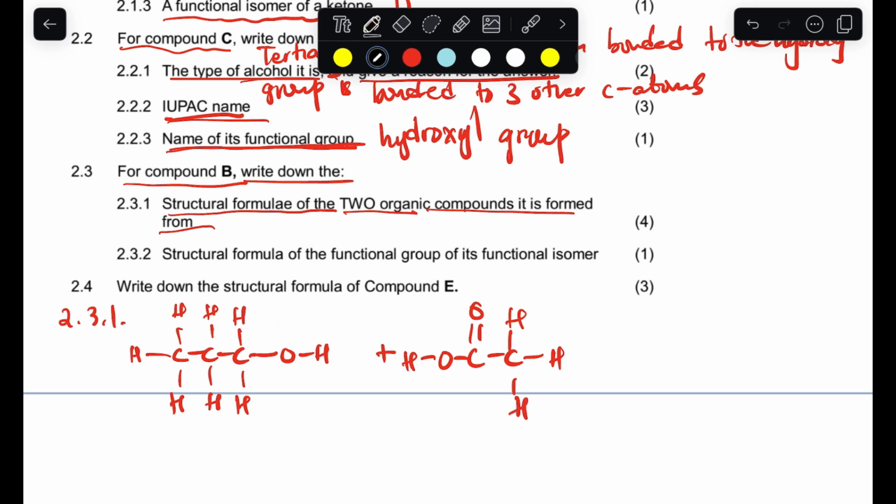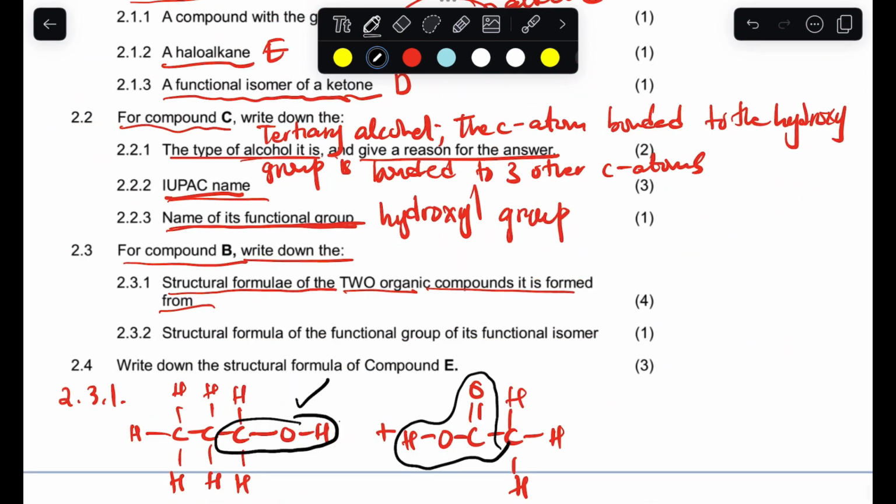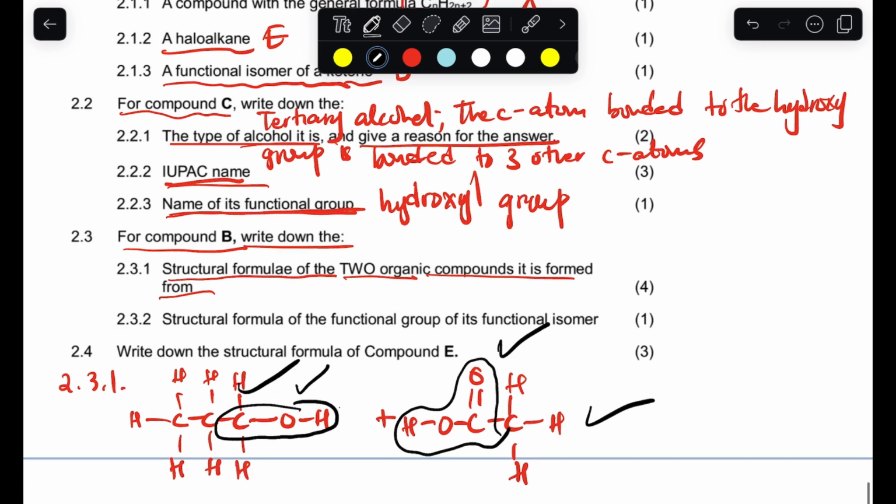So what is important there is the functional groups, right? That's what is important there. And then this functional group, that's what is important. I'm not saying draw that alone, right? That's not what I'm saying. So you get the mark for the functional groups and for the whole structure. So that makes it 4 marks, right?